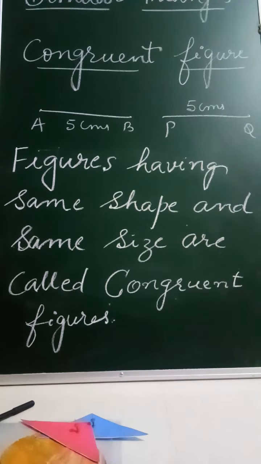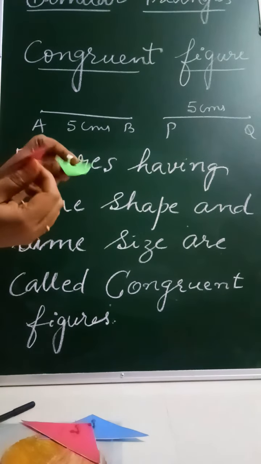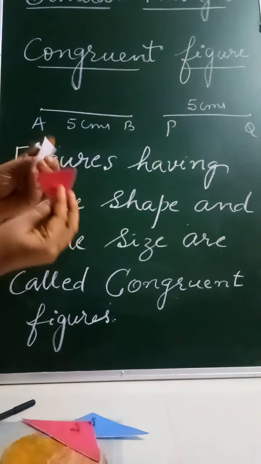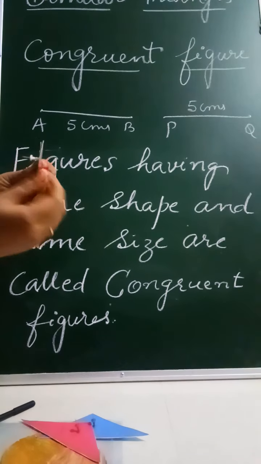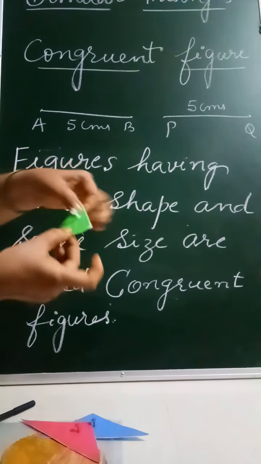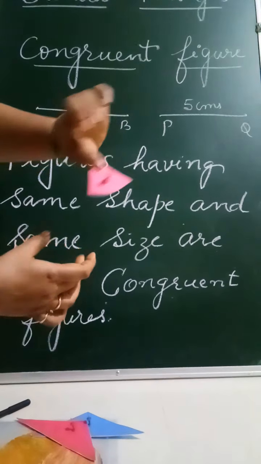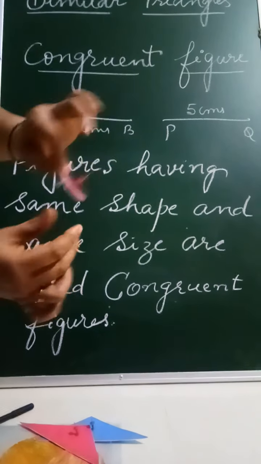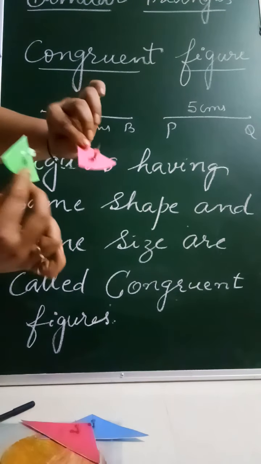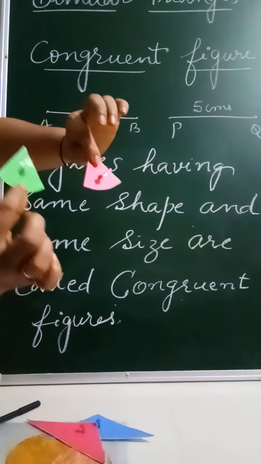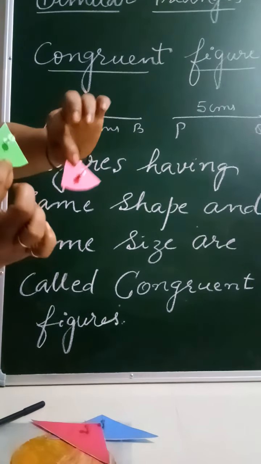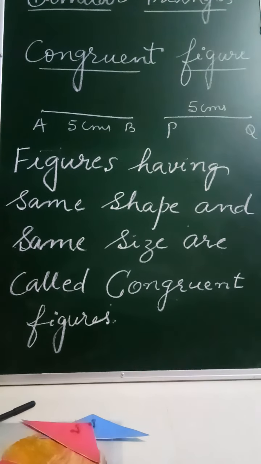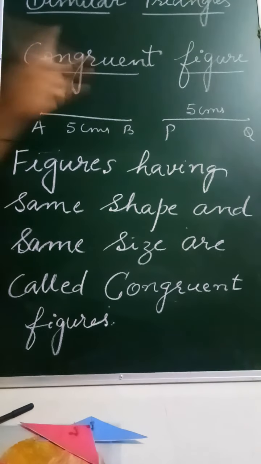Again, I have taken 2 sectors. When I keep these 2 sectors one above the other, look at this, children, they exactly fit each other, coincide with each other. So I can say these 2 sectors are congruent. So now I think it is clear about congruent figures.